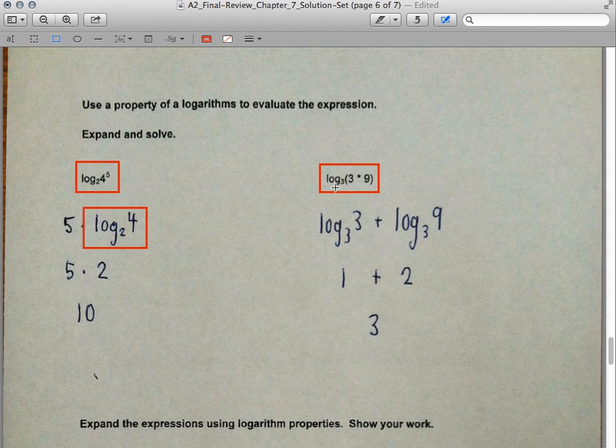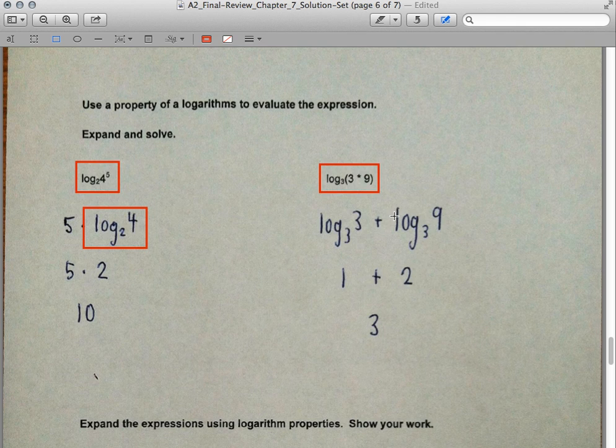In this case, log base 3 of 3 times 9 is the same as log base 3 of 3 plus log base 3 of 9. We can basically split up this logarithm expression. Log base 3 of 3 is equal to 1, and log base 3 of 9 is equal to 2, and obviously 1 plus 2 is equal to 3.